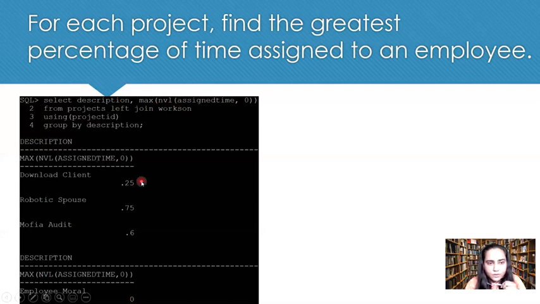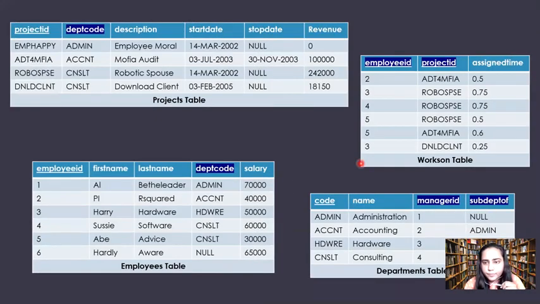It's not very difficult. It's just requiring the maximum time. So let's go and just very quickly verify it. So download client, which you can see is here, is having maximum. It has only one data here, so that's why maximum assigned time is 0.25. For the robotic spouse, there are 3 times it comes here, and the maximum time is 0.7.